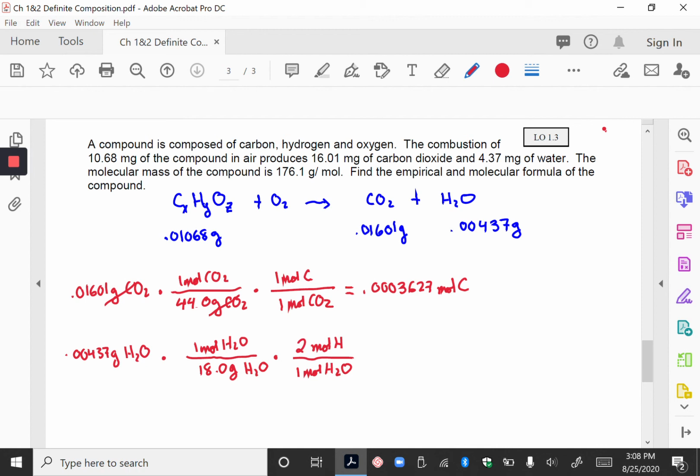I've got 2 moles of hydrogen. So when I calculate this, I get 0.004856 moles of hydrogen. I'm sorry, moles of hydrogen, not grams.